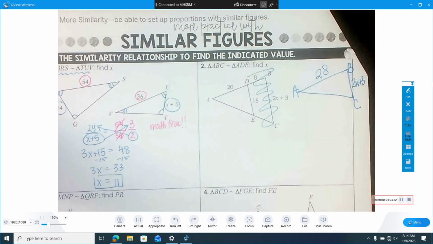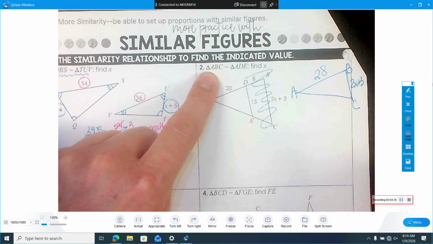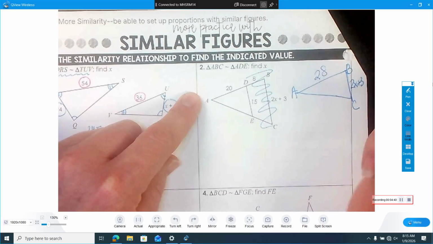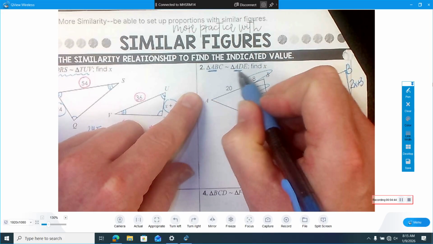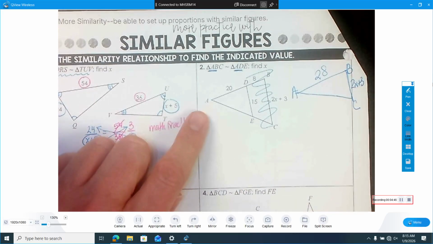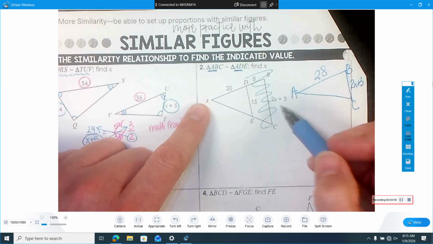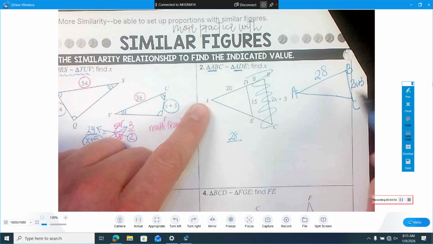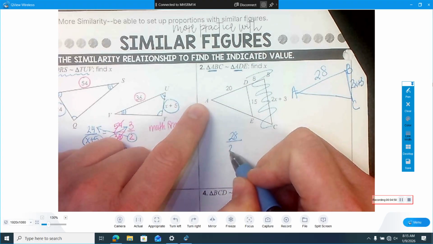Now I can see from my similarity statement that side AB is going to be proportional to side AD. So I could set up that little ratio right off the bat. AB is 28 over side AD right here, which is 20.